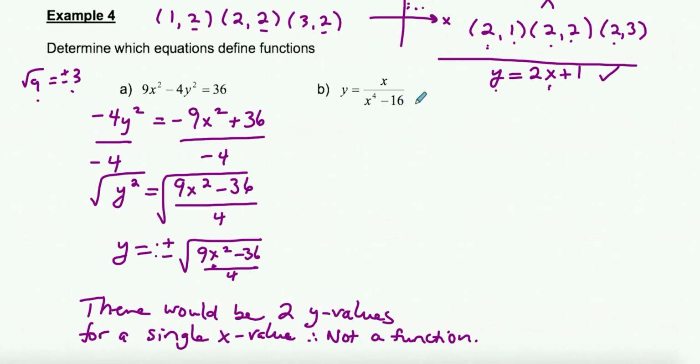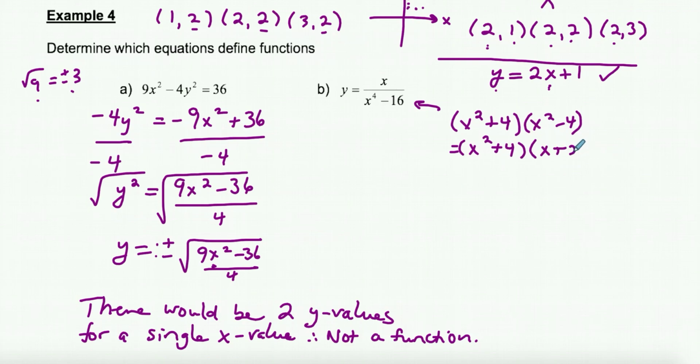Sometimes we do have restrictions with our equation. For example, if I think about the restrictions for this, I see that that's a difference of squares. So just our denominator, we're thinking this through to see if this is a function or not. Our denominator might be x squared plus 4 times x squared minus 4. This one I can't factor any further, but this one over here is another difference of squares, so x plus 2, x minus 2.